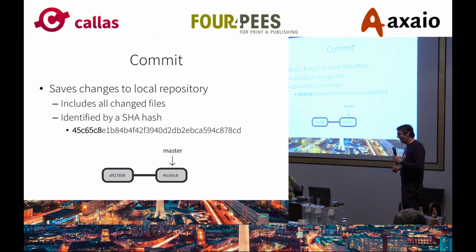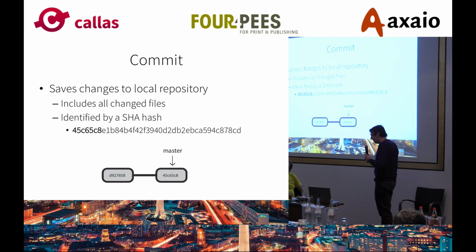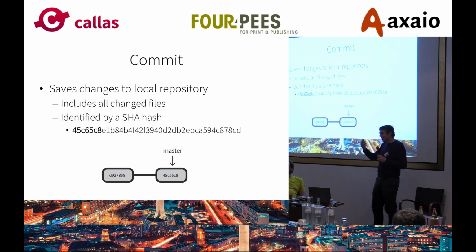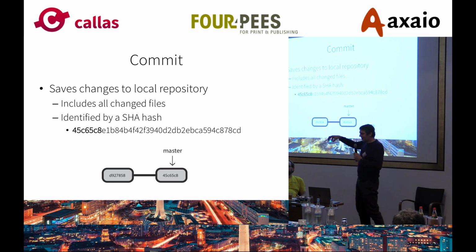The local repository, yes. Not the remote. No, correct. It's not the remote. Local. So you can think of it, the local repository is a database of all your files and all the versions of your files. And if you want to commit your local changes to that database, you have to commit that. Yeah? So what does it do?